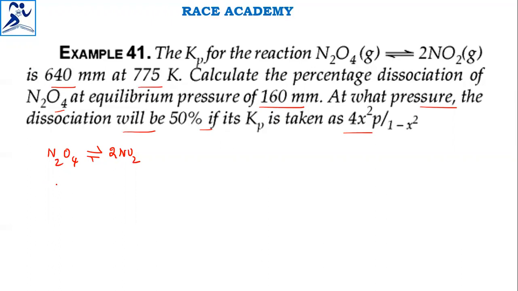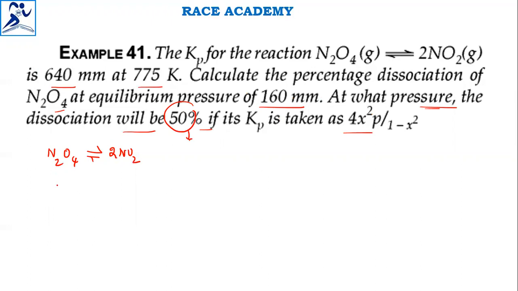And then at what pressure the dissociation will be 50%, very clearly given 50%. First we will take the dissociation constant and do the problem and find the pressure, and after that we will decide the things, right?